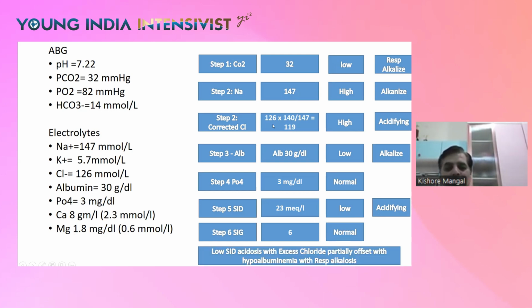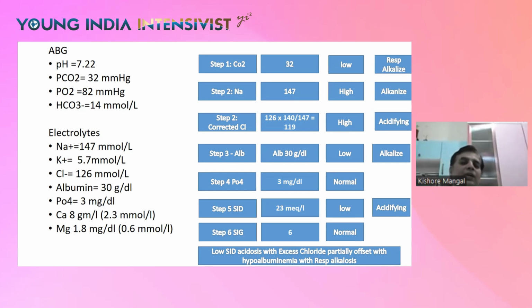So this is a low SID because of excess chloride, and that has been partially offset by the alkalinization effect of hypoalbuminemia and the respiratory alkalosis. And this is what is expected, because in the history we know that this patient received sodium chloride resuscitation. Okay, and normal saline resuscitation has led to this excessive hyperchloremic acidosis.